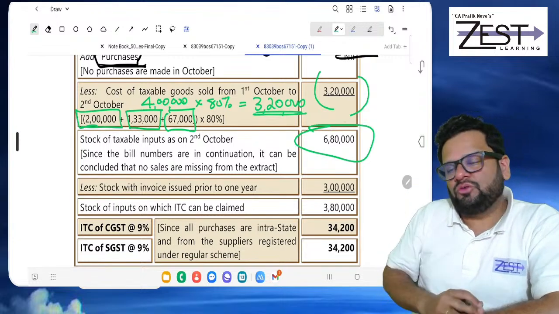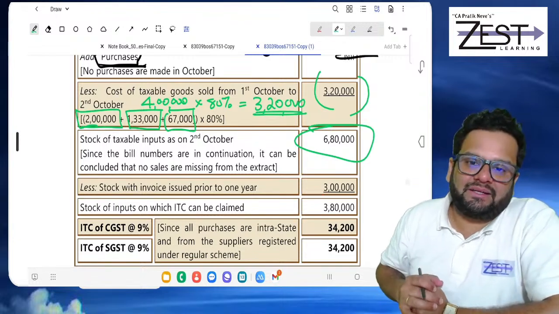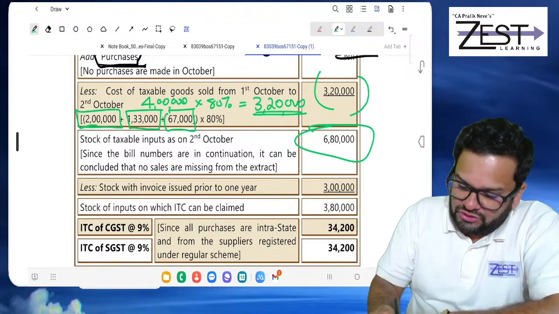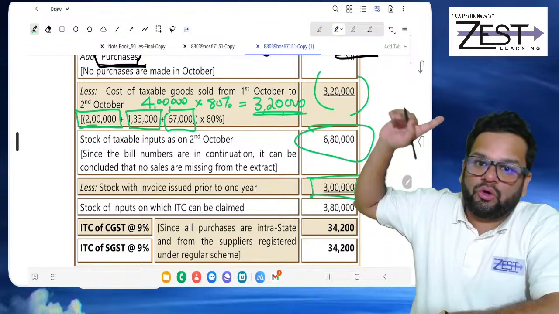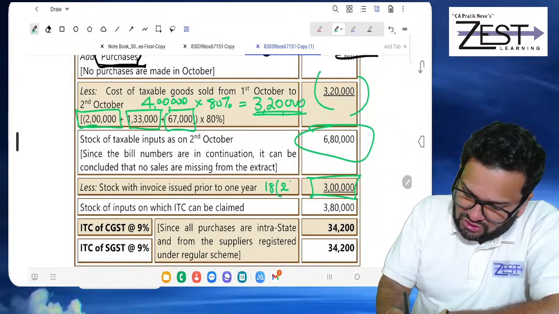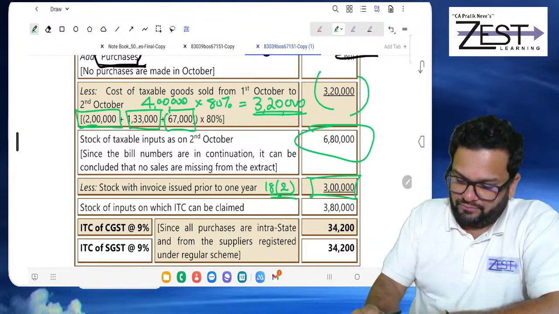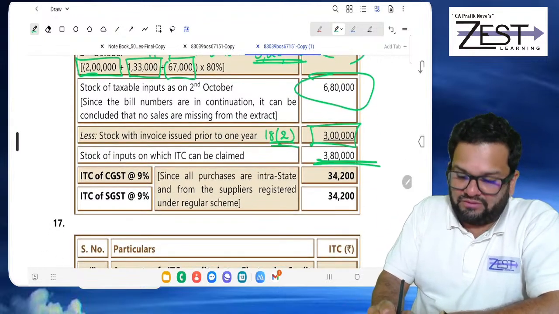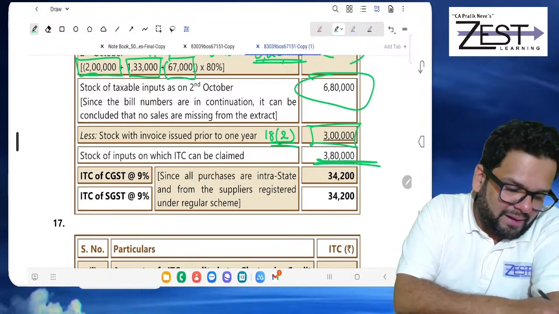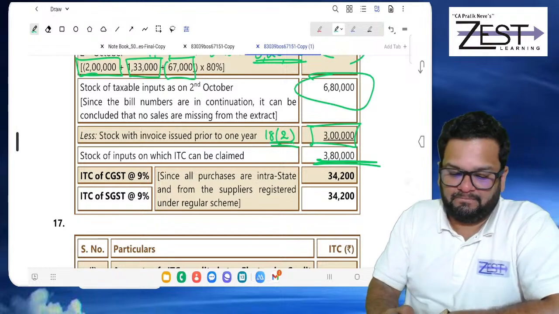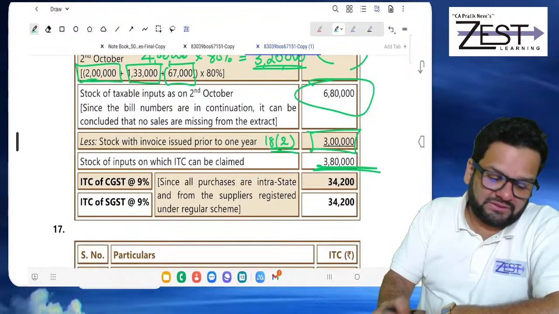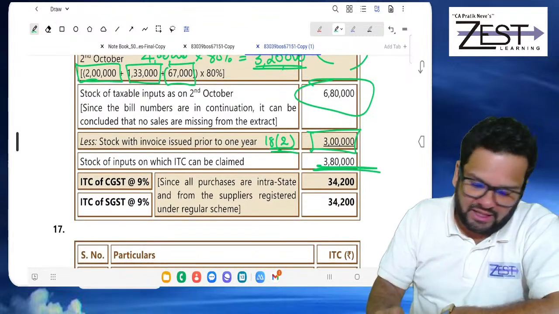But don't forget, you cannot take ITC on the stock of 680, because that 680 includes 3 lakhs which is old. Yes or no? So you cannot take ITC on it as per 18.2. So you can take on 380. So 380 multiplied by 9% each, CGST and SGST.